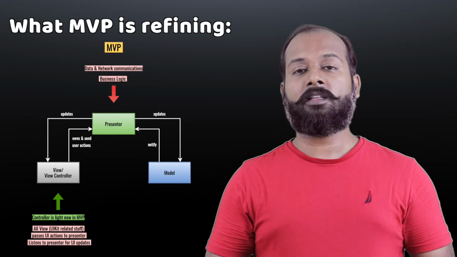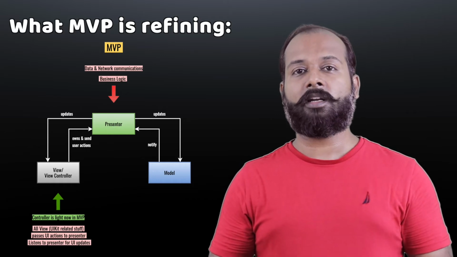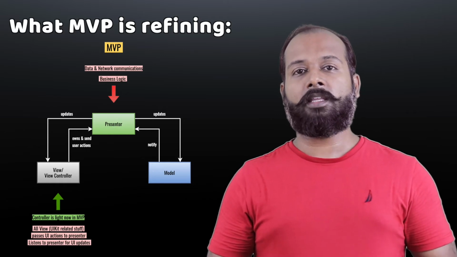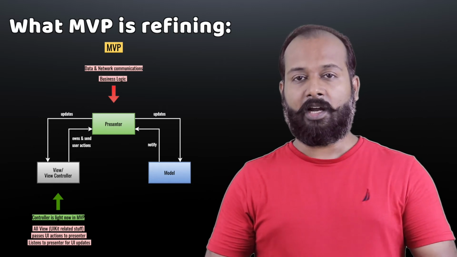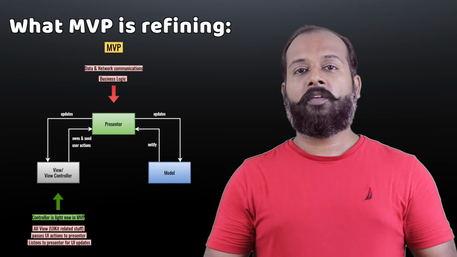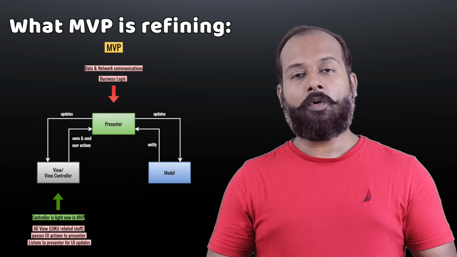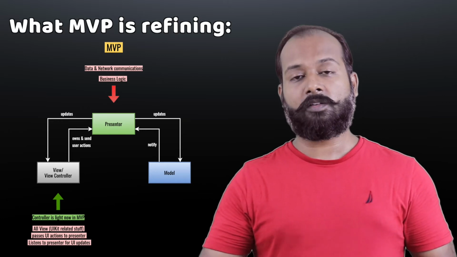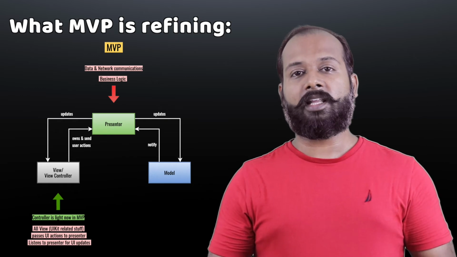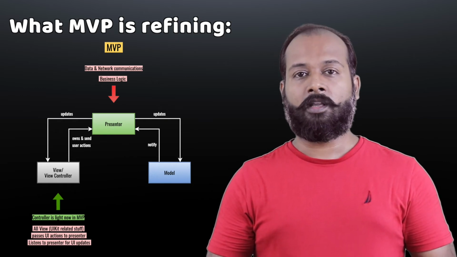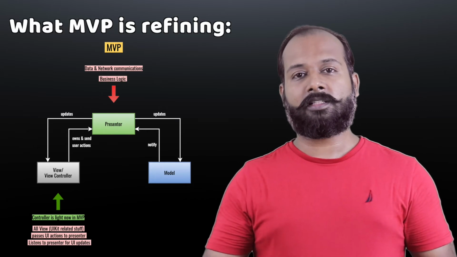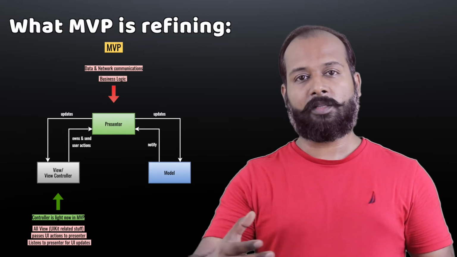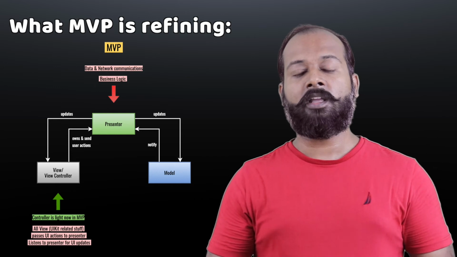And here you can see that the presenter works as an intermediate between the view and the model layer. Whatever view or layout related logic we need to write, we write inside the view or the view controller, and whatever business logic we need to write, we write inside the presenter layer only. So whenever the user takes any action, it goes to the presenter, the presenter updates the model, the model notifies the presenter, and the presenter updates the view.